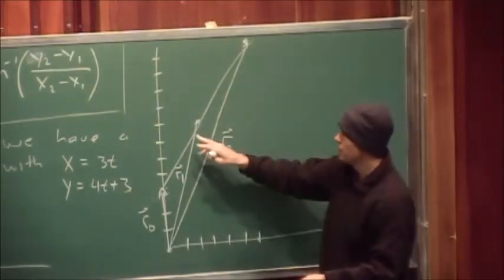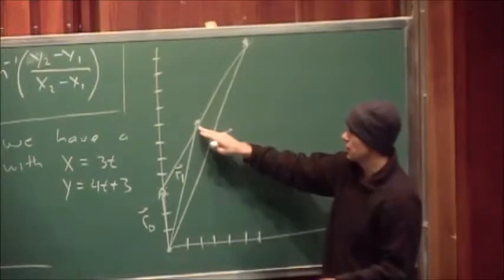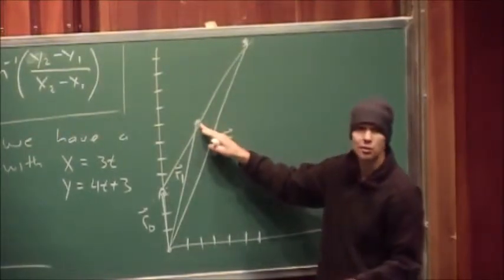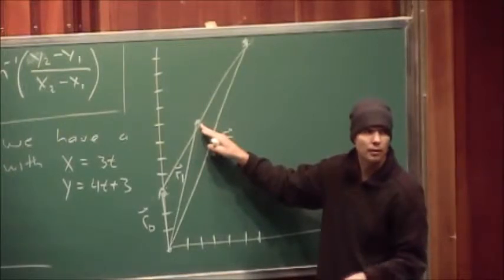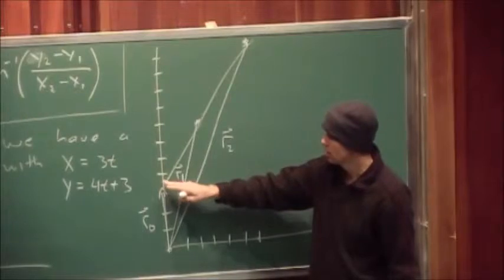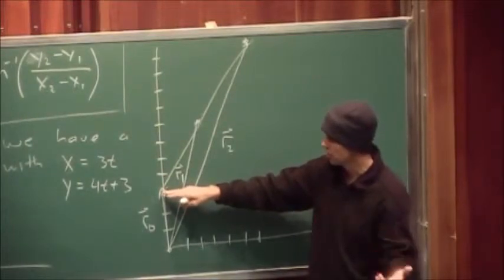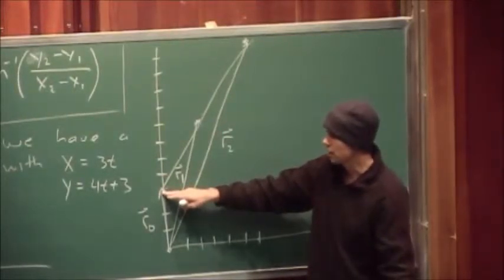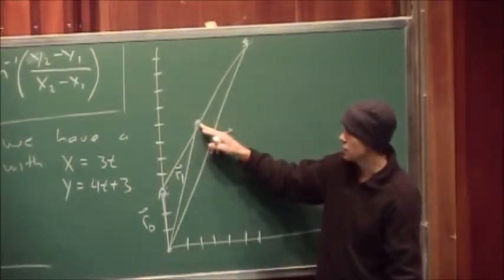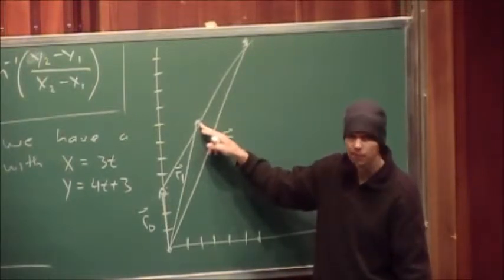But let's just for a moment consider this to be time t equals 1, and this time to be time t equals 2. Okay, this is just an arbitrary choice that we're making here. We're going to associate this with t1, and we can just say at time t1 we'll call that 0, and at time t2 we're going to call that 1.